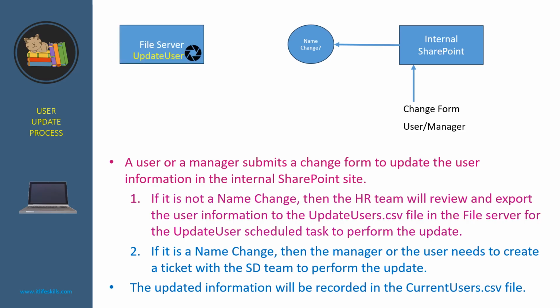If it is not a name change, then the HR team will review and export the user information to the update users.csv file and store it in the file server for the update user scheduled task to perform the update.